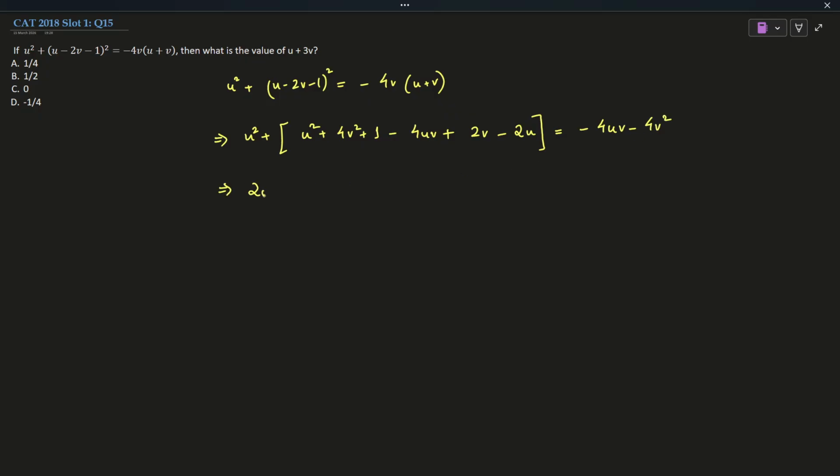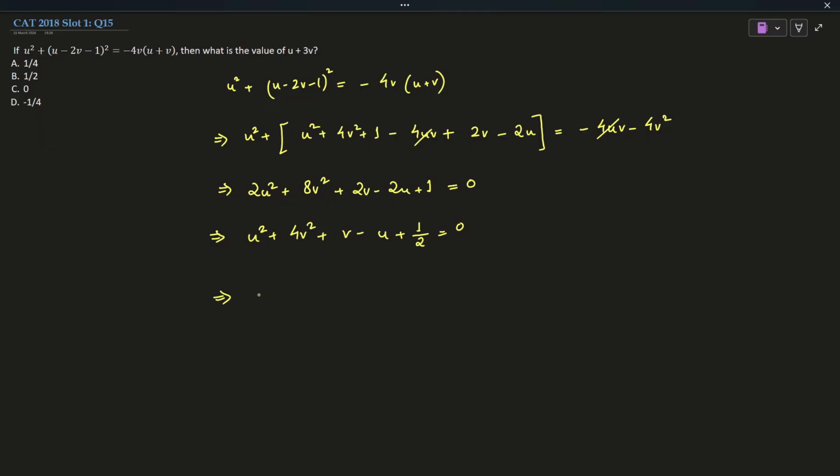From here I will get 2u square plus 8v square plus 2v minus of 2u plus 1 is equal to 0, because minus 4uv and minus 4uv will get cancelled. Now let's first divide this by 2, guys. I will get u square plus 4v square plus v minus u plus 1 by 2 equal to 0.